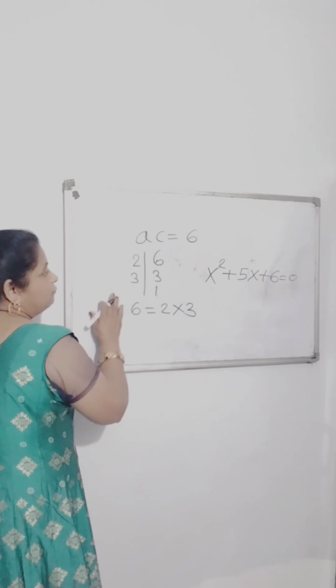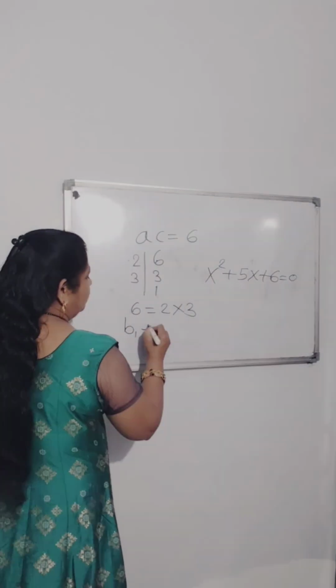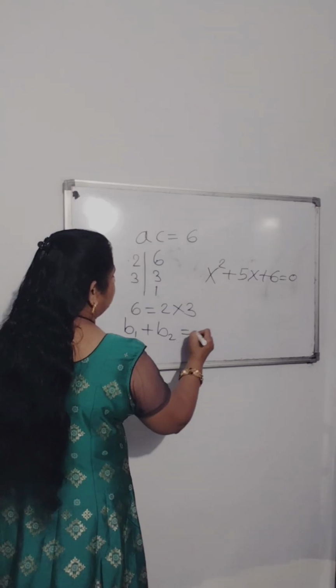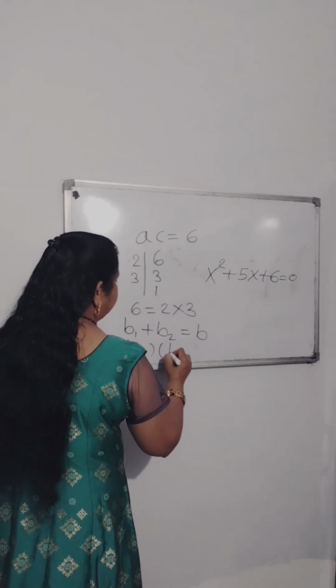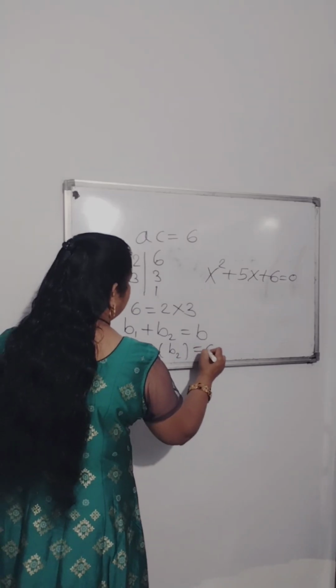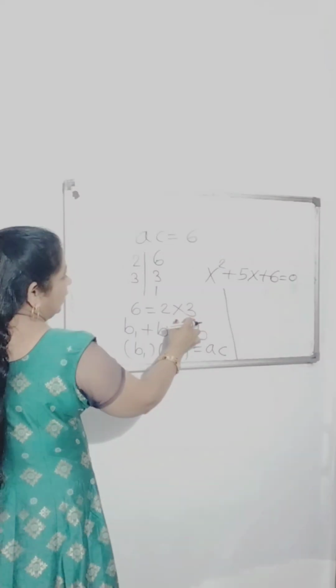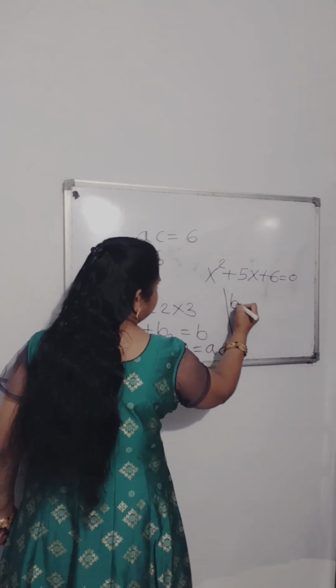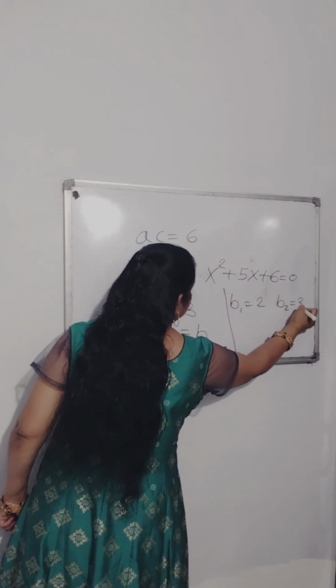We find the values of b1 and b2 in such a way that b1 plus b2 is equal to b, and b1 multiplied by b2 should be equal to ac. Let's say b1 is equal to 2 and b2 is equal to 3.